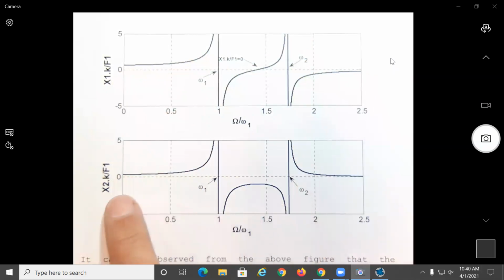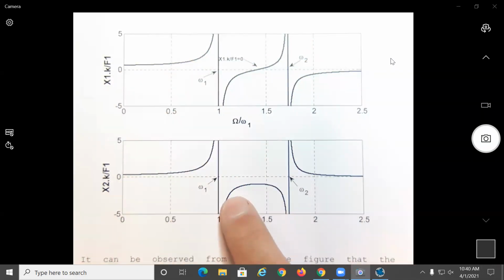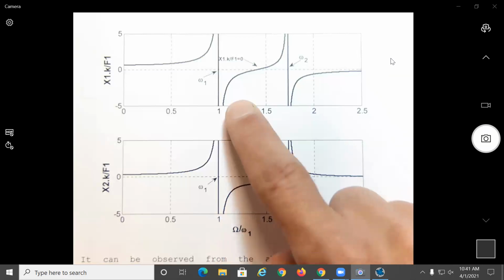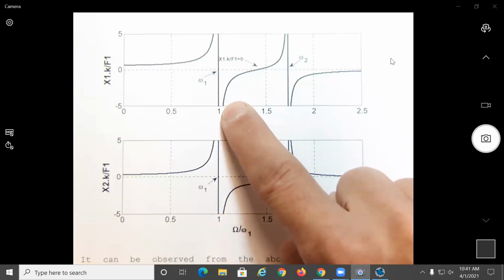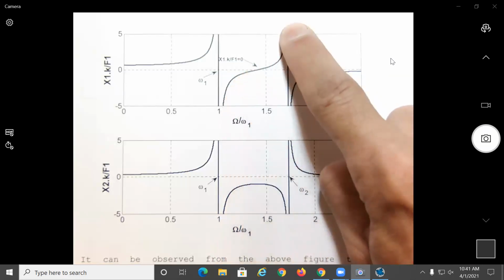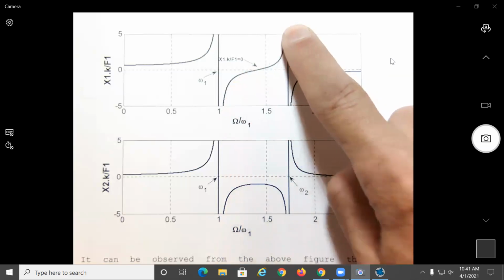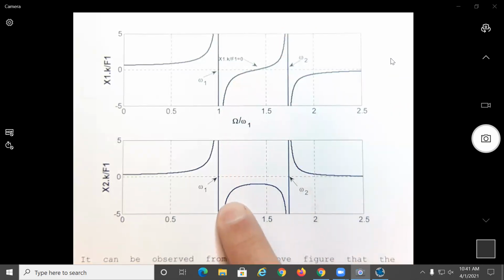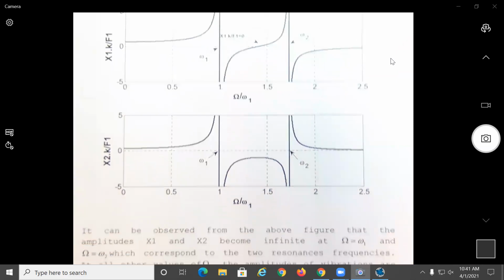For x2, what do you see? It starts small, it grows, then in the middle it decreases, is stable, and then increases again for the second resonant frequency. The same thing here, but here basically it goes from negative to positive, no? And here it just remains negative.